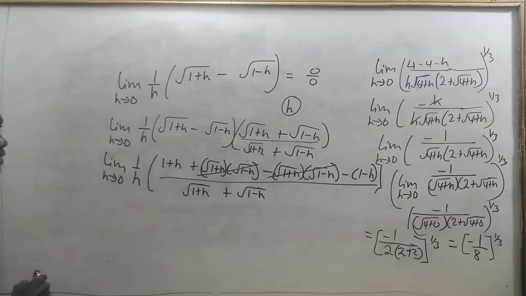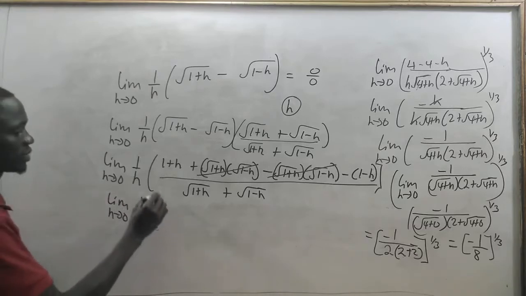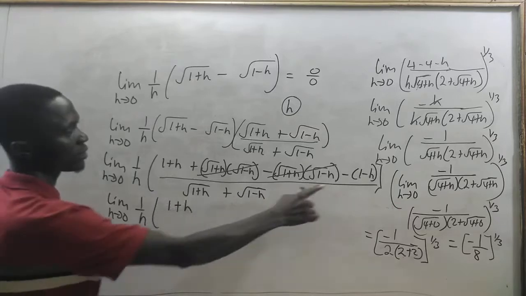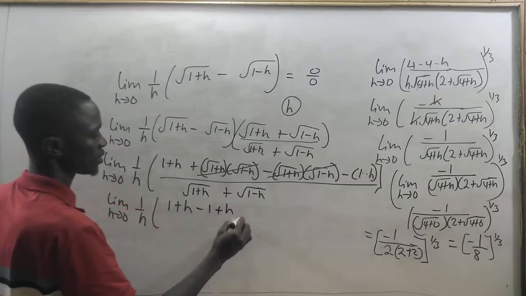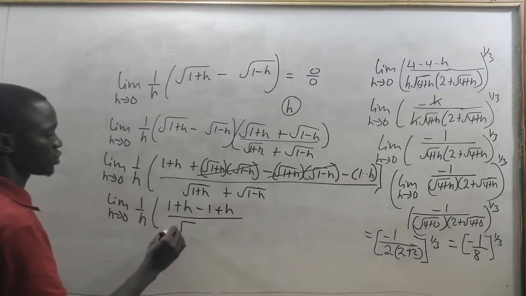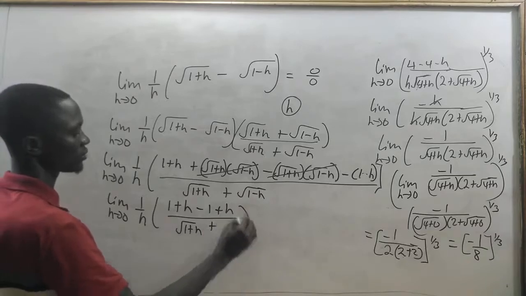Very simple as that. And we are going to have the limit as h approaches 0 of 1 divided by h times 1 plus h minus 1 plus h, all divided by the square root of 1 plus h plus the square root of 1 minus h.